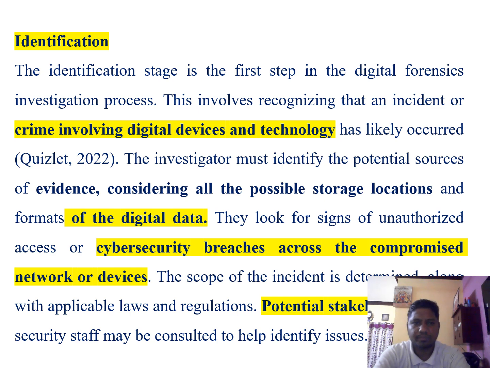The investigator must identify the potential sources of evidence, considering all possible storage locations and formats of digital data, and look for signs of unauthorized access or cyber security breaches across the compromised network or devices. The scope of the incident is determined with applicable laws and regulations.